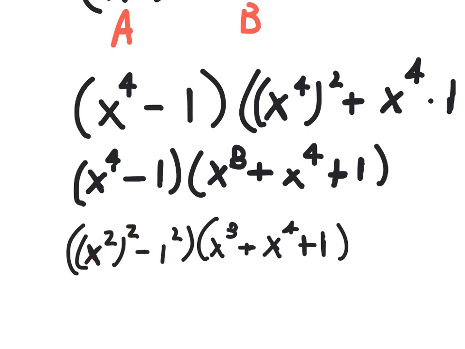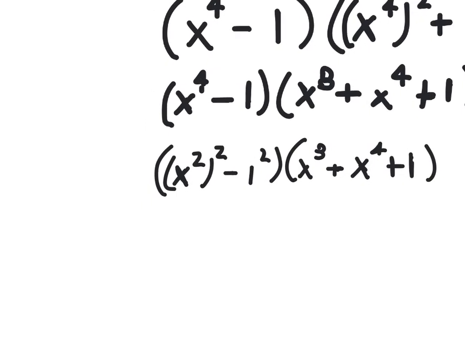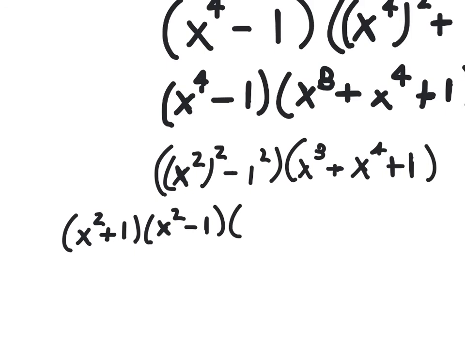So I can rewrite this now as, and let me do it way over here, it's going to take up a little bit of room. I've got x squared plus 1 times x squared minus 1. And then I've got what I've got left over, x to the 8th plus x to the 4th, and then plus 1.